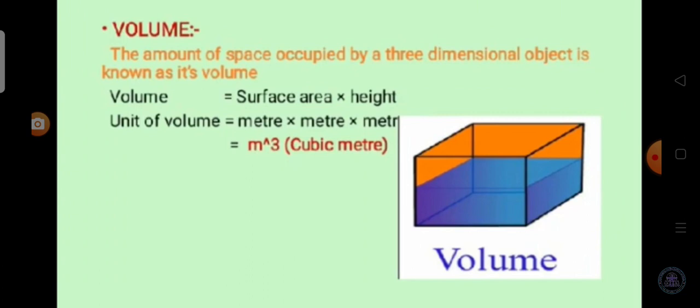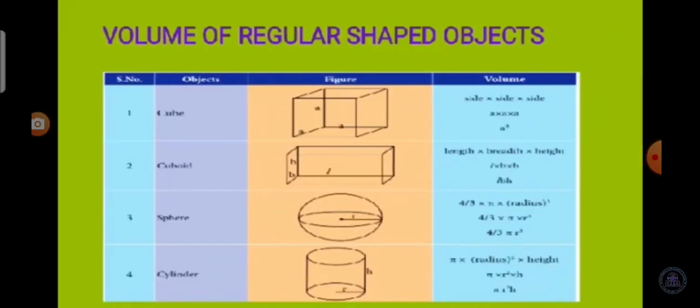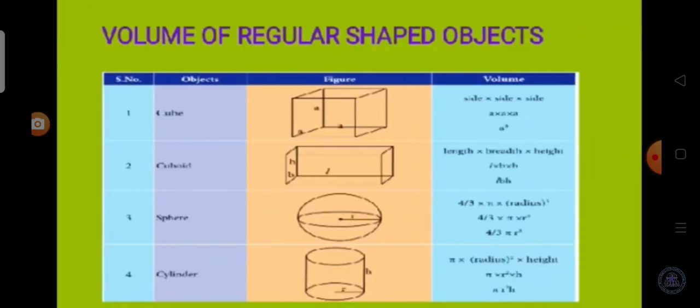Volume is equal to surface area into height. The SI unit of volume is equal to meter into meter into meter, that is known as m cube, cubic meter. Now we see volume of regular shaped objects.